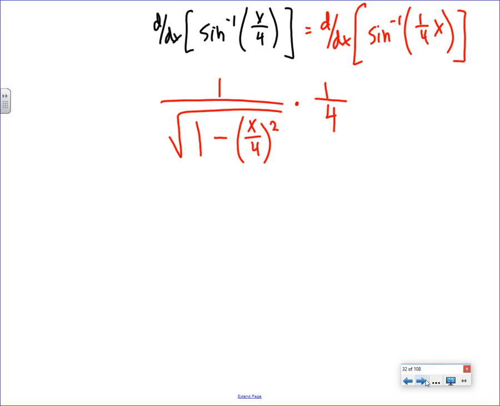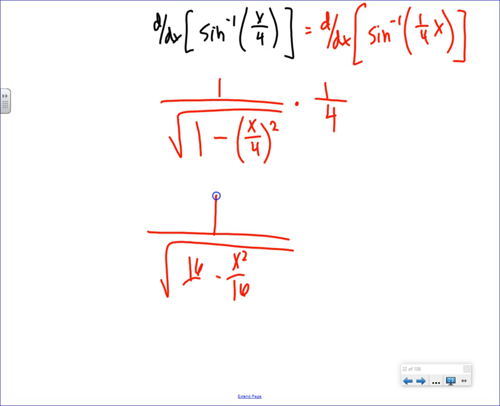And how would we simplify this? In that square root, couldn't I make x squared over 16 minus, couldn't I make this 16 over 16? We could bring the 4 in front, I suppose.